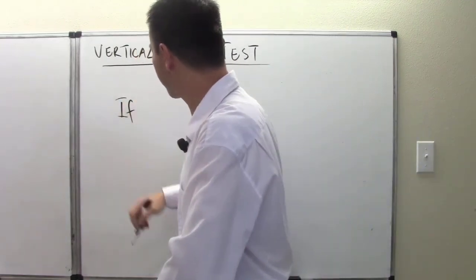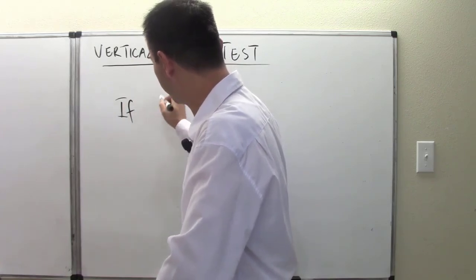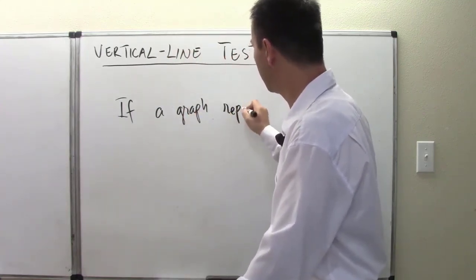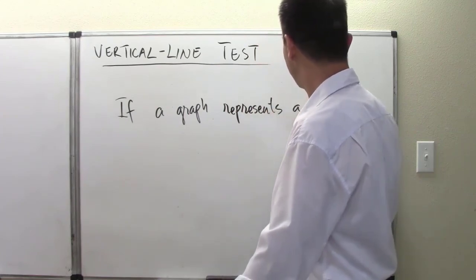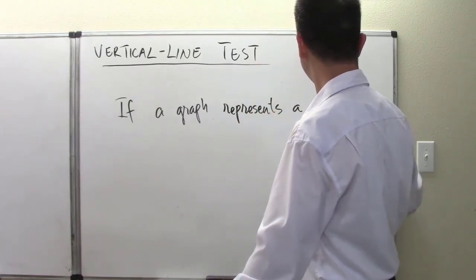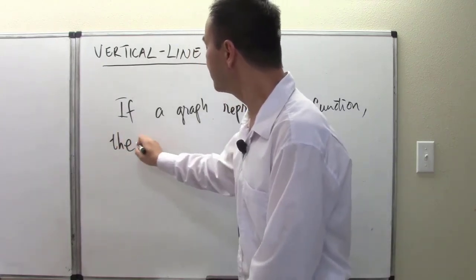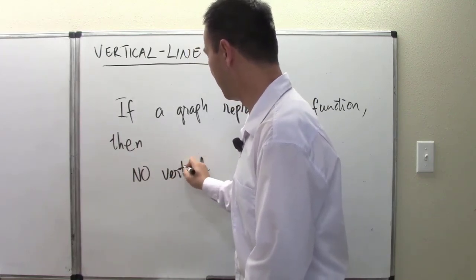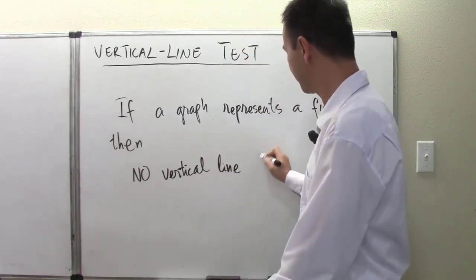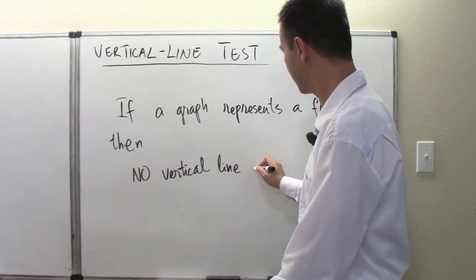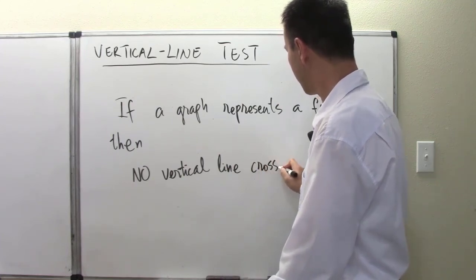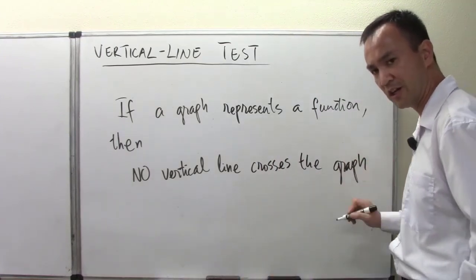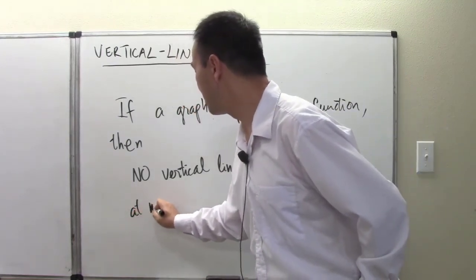In my wording, I can say that if a graph represents a function, then here's the important statement: no vertical line crosses the graph at more than 1 point.